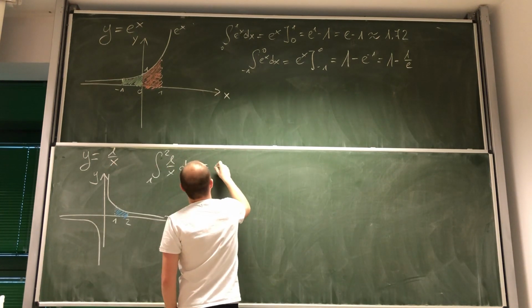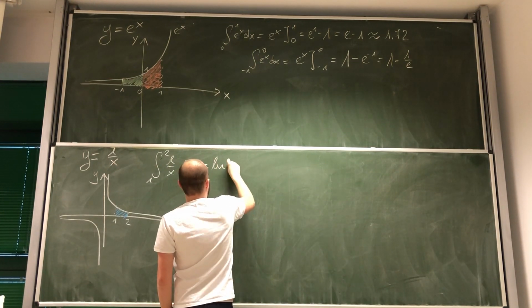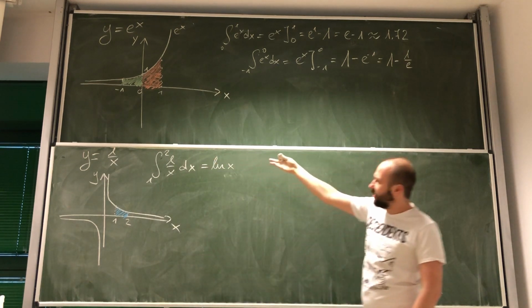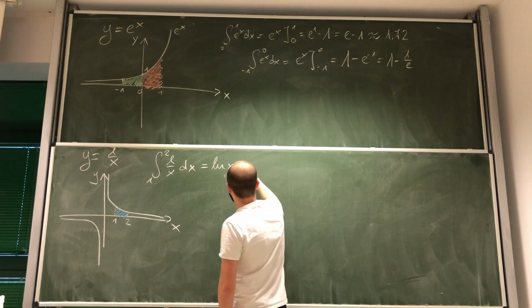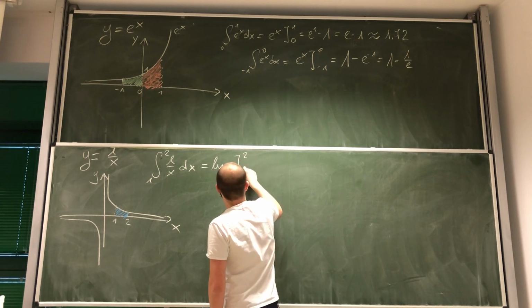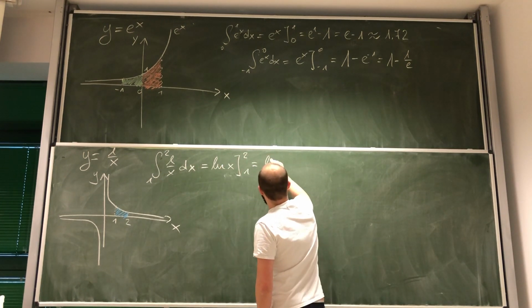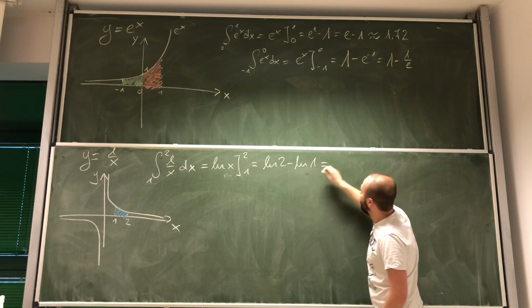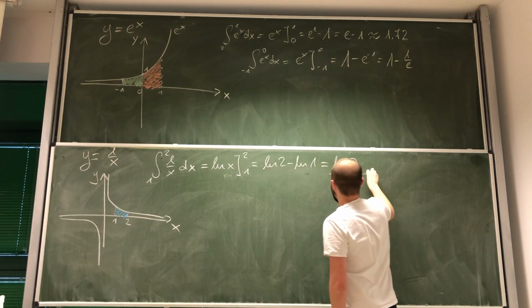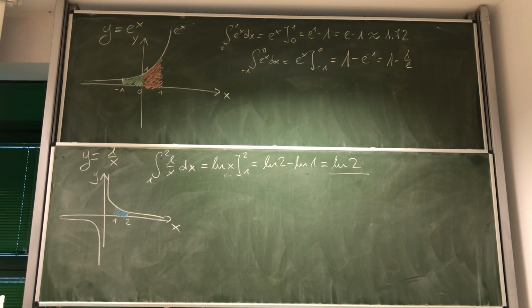So we're getting natural logarithm of x. Of course, we don't need absolute value because we are on the positive side of the x-axis. And we got 2, 1. So this is ln 2 minus ln 1, which of course is 0. So this is ln 2.